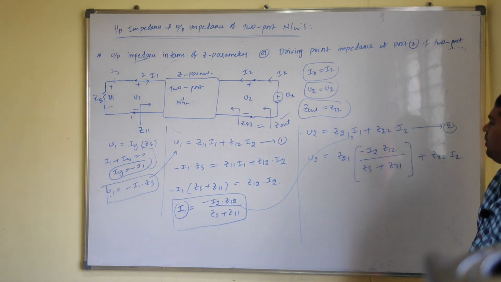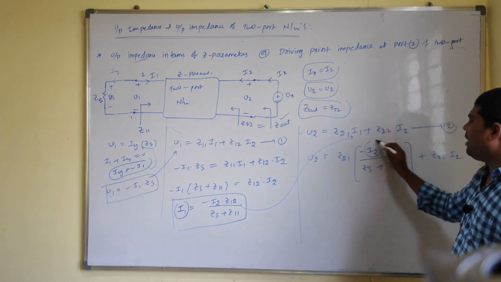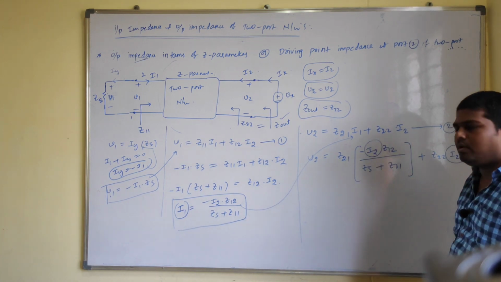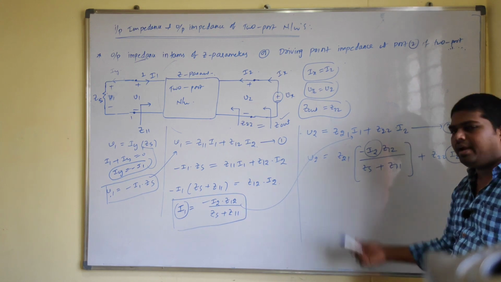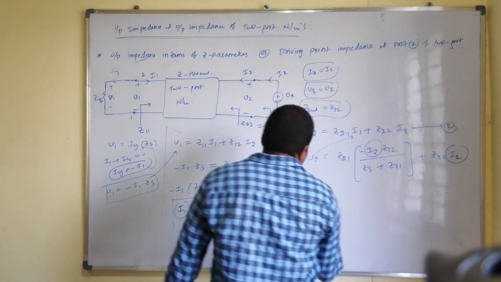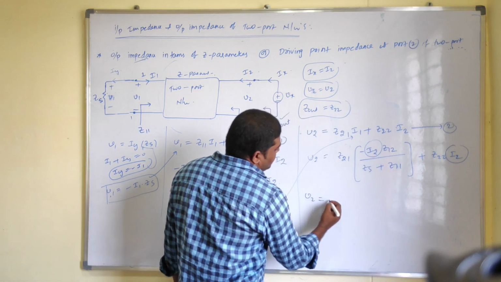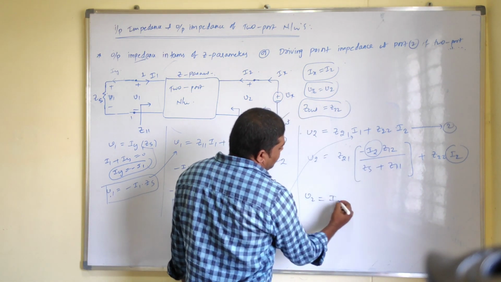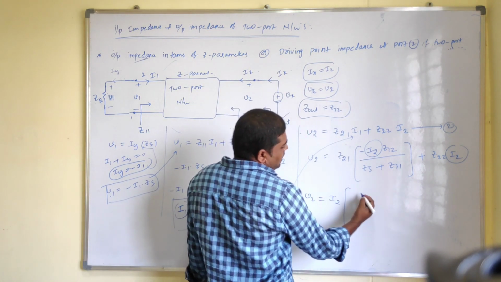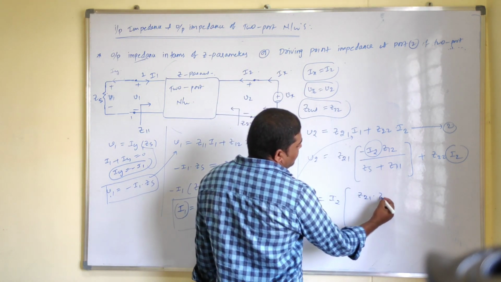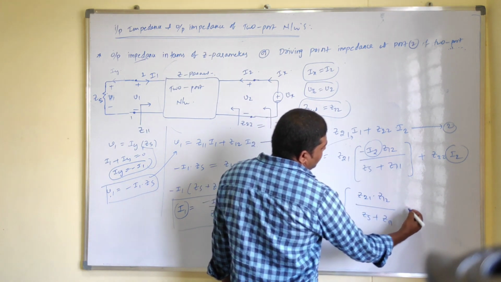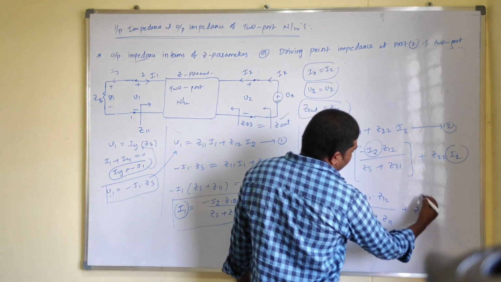Now both terms have the common element I2. If you take I2 as a common factor, then V2 equals I2 into what is left: minus Z21 into Z12 by Zs plus Z11, plus Z22.